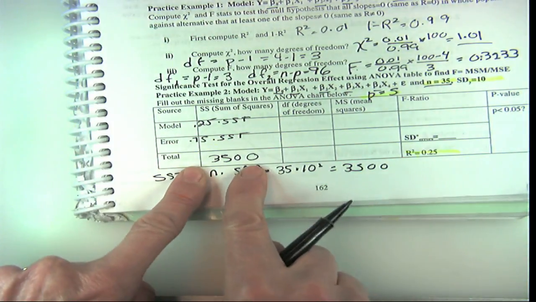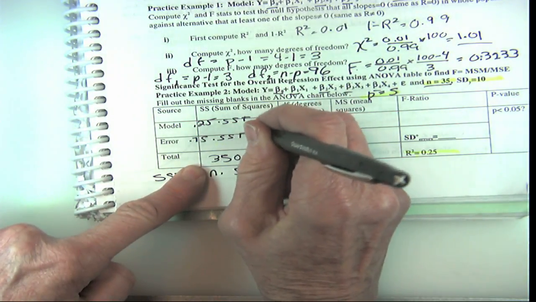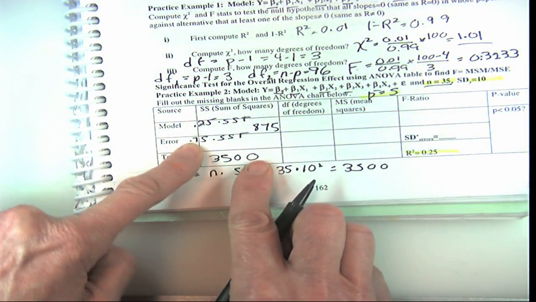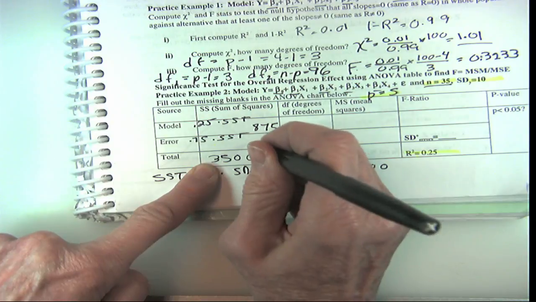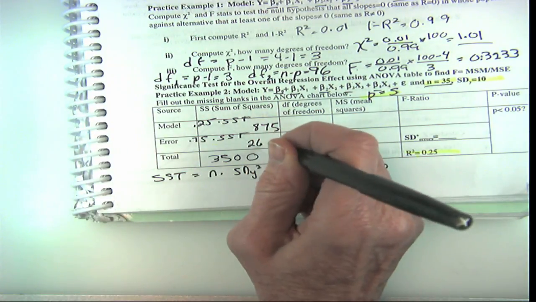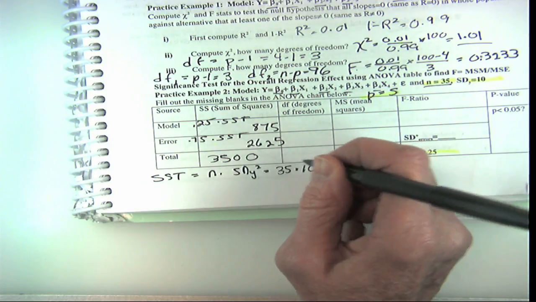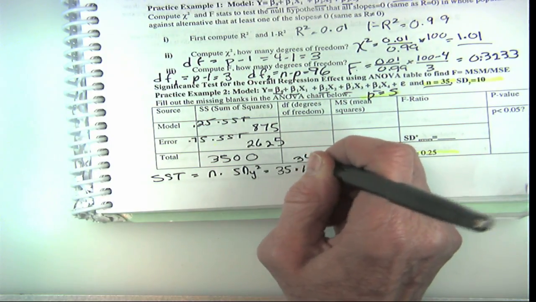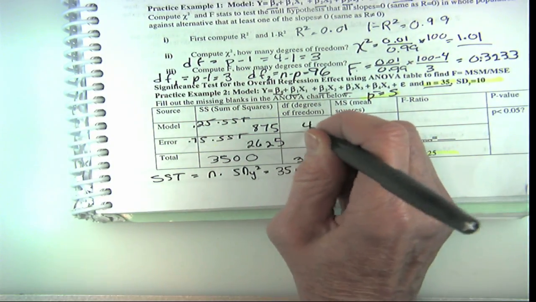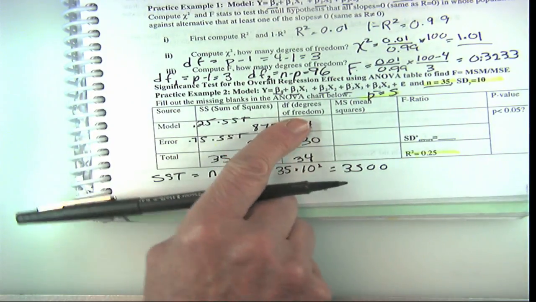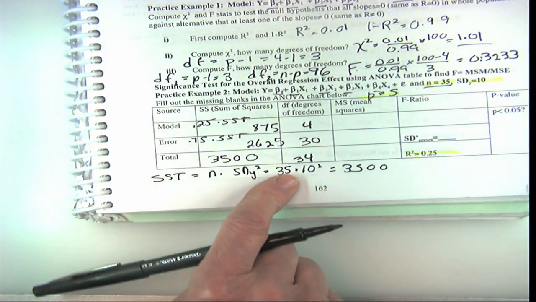So 1/4 of this is 875, and 0.75 of that is 2625. Degrees of freedom, well, n minus 1, 34, and this is going to be 4 and 30. P minus 1 and n minus p.